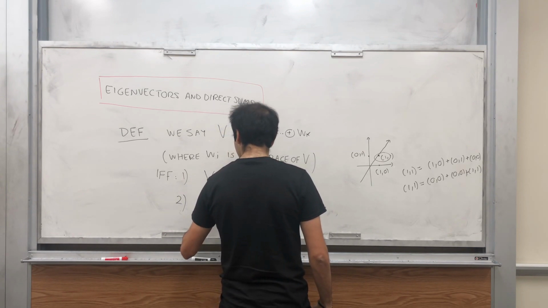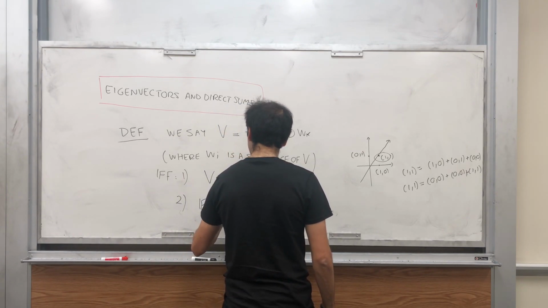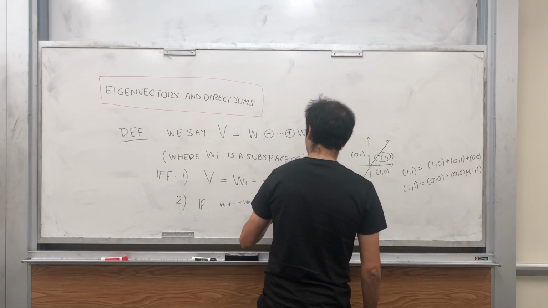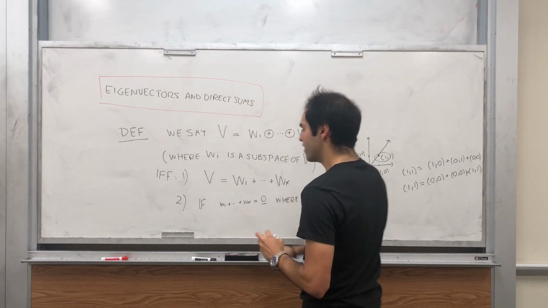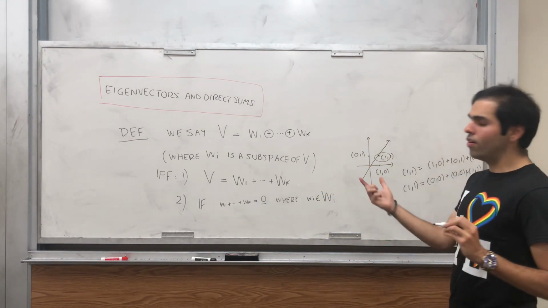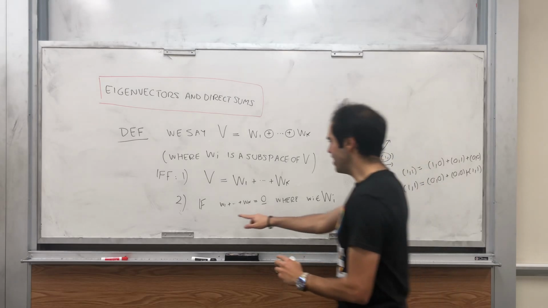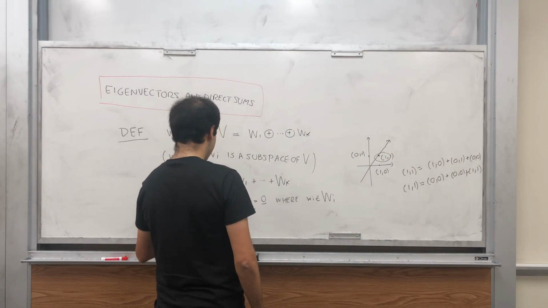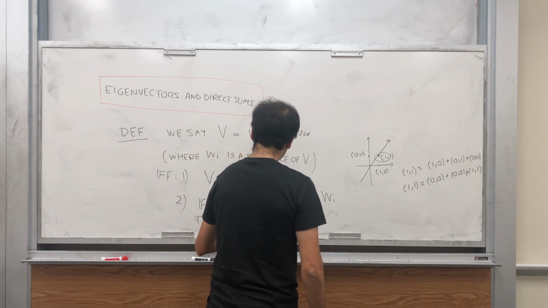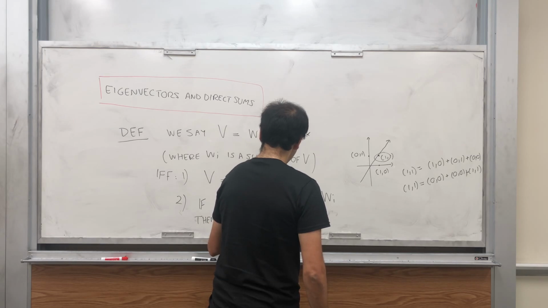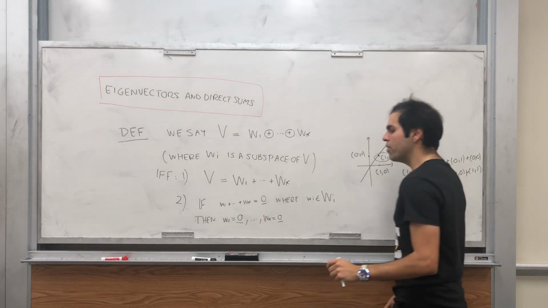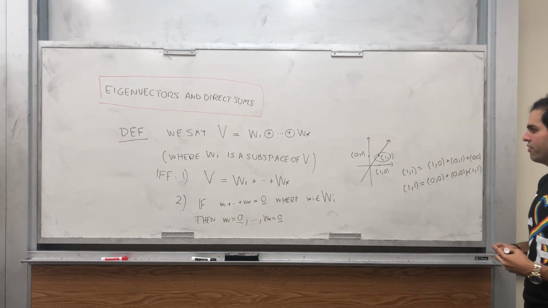If you have w1 plus etc. plus wk giving you the 0 vector, where those are little vectors, each little wi in Wi, then the only way this could happen is if each of them is 0. So w1 is 0, ..., wk is 0.